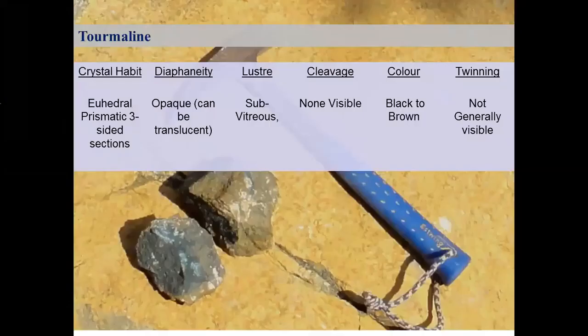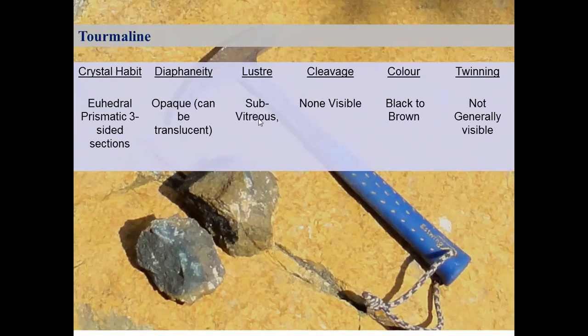So let's put tourmaline into our set of tables. The crystal habit: euhedral, prismatic, and it's this three-sided section. That's the giveaway if you've got basal sections, and when you've got lots of tourmaline, the chances are you will have basal sections by chance, so you'll be able to identify it from that. It's opaque. It can be translucent, as I just mentioned, when you've got the gemstone quality.